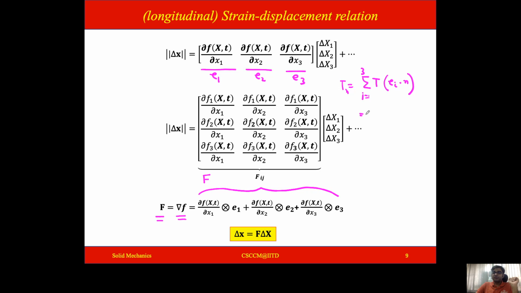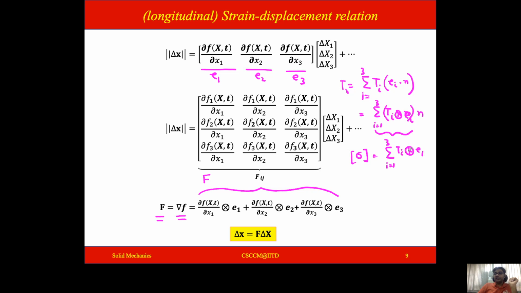And then what we did was we wrote it as summation i equal to 1 to 3, Ti cross N, and then there was Ti cross Ei dot N, and this summation of Ti cross Ei was actually giving you sigma, right? Sigma is basically nothing but summation i equal to 1 to 3 Ti cross Ei.